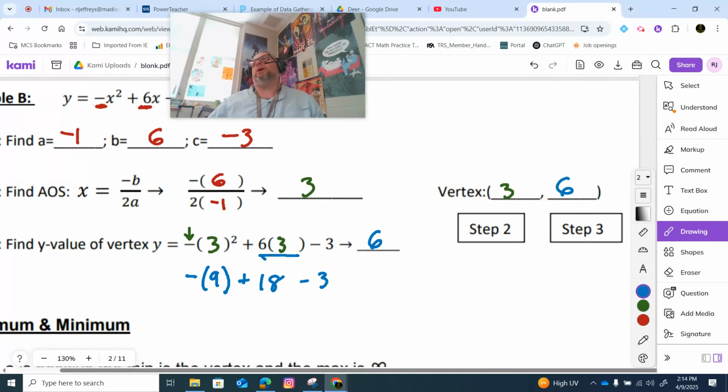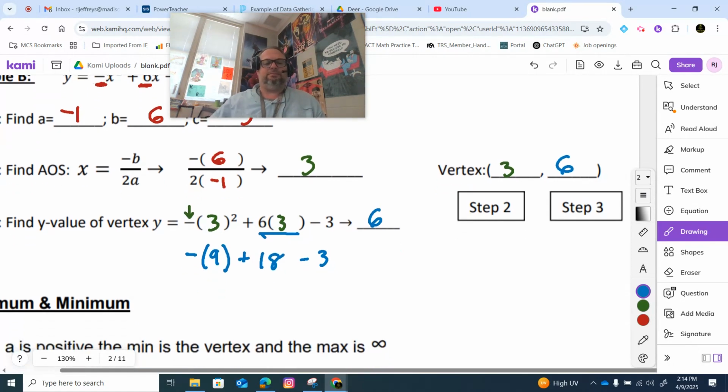Well, what's 3 squared? So, and this is like -1, so this is -9 plus 18 minus 3.